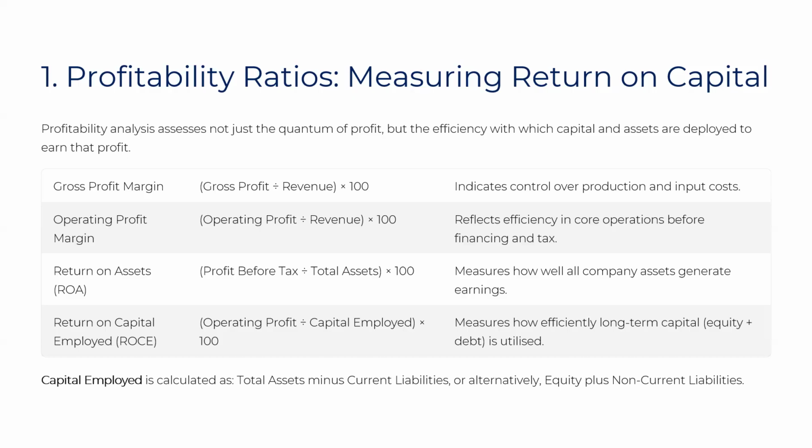And your operating profit margin reflects efficiency in core operations before financing and tax. Financing is your interest, tax remains tax. So you're looking at, okay, if I didn't pay tax, if I didn't pay interest, how much is my profit? That is your operating profit.